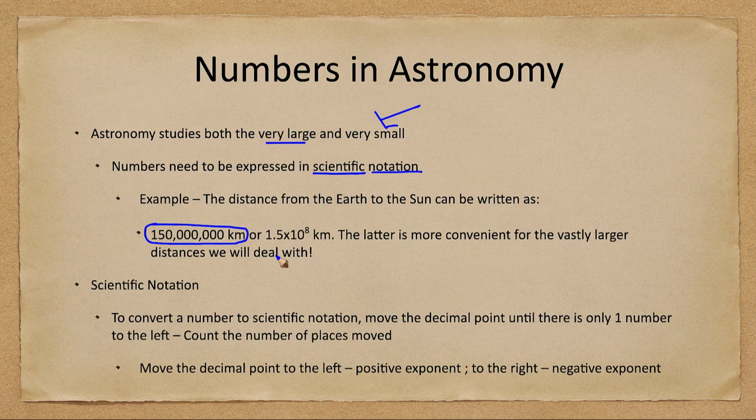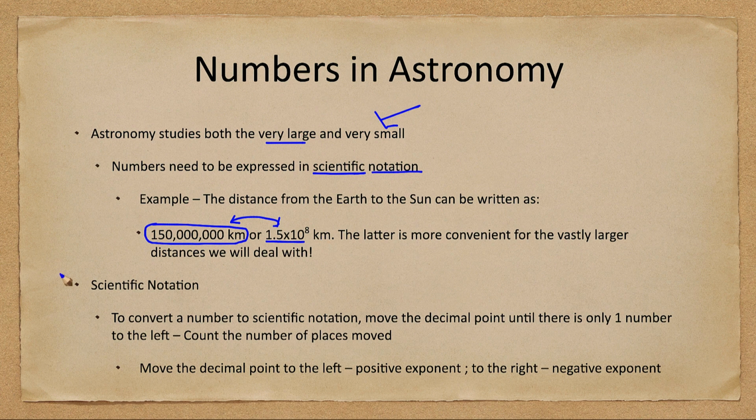What we can do, instead of writing out all of those zeros, is to write this as 1.5 times 10 to the 8th kilometers. Now these two are exactly the same. So they express the same number of kilometers, but it is far more convenient to use the scientific notation version.